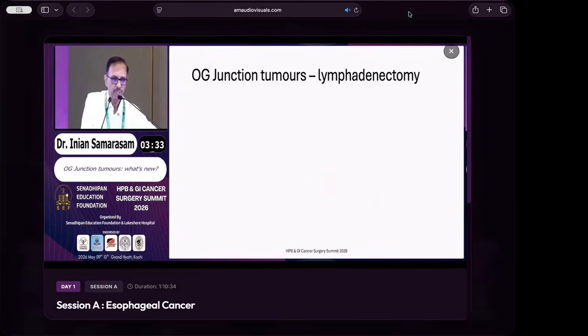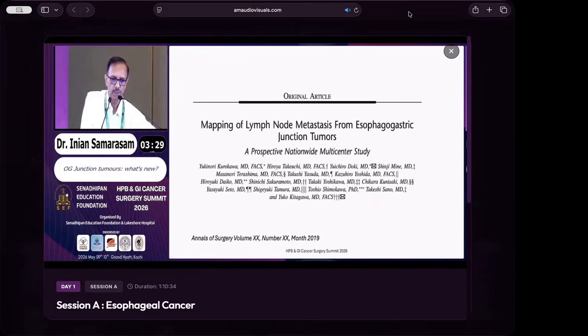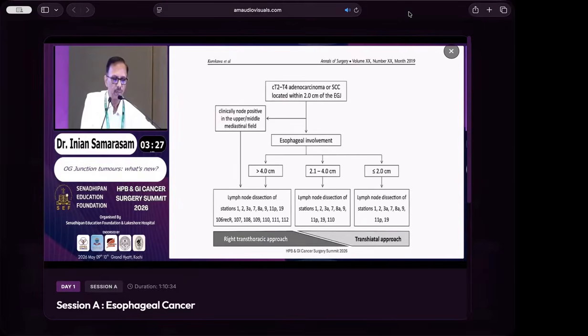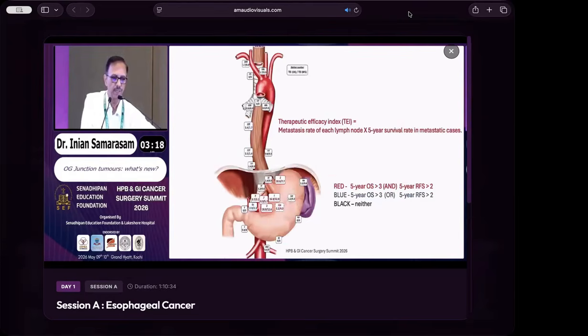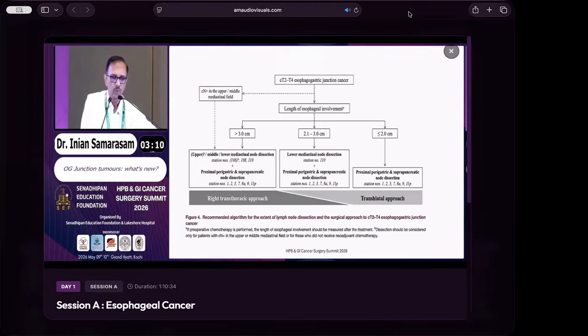OG junction lymphadenectomy has been talked upon in the earlier lecture, so I will skip it. But of course, the change now is this landmark article, which talks about the therapeutic efficacy index, which Dr. Murali had talked about in the earlier talk. So two things have happened.